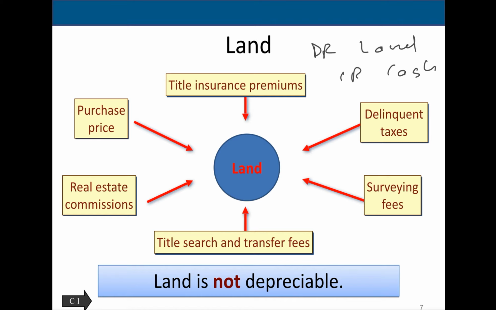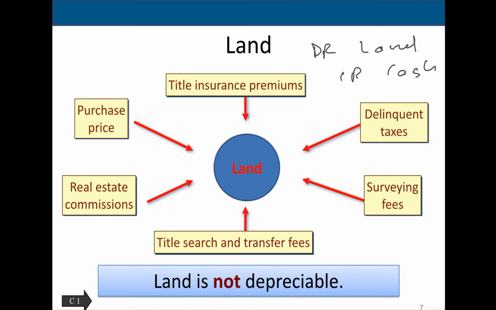Later, when we start to do depreciation on the assets, then it would change between land and the types of assets that actually get depreciated. But when we're just worried about the initial cost, we're going to capture all of these fees and such that go to getting the land to its usable condition.